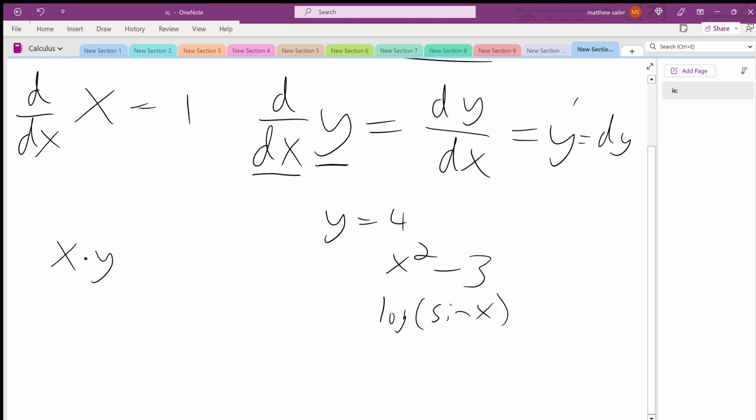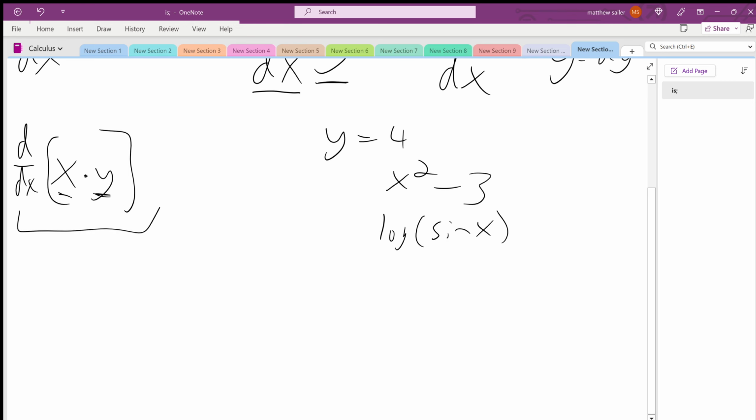In this case, if we take the derivative of that entire thing, of x times y, you have to use the product rule, because y in this case is not just a constant. It's not just a 3 that you could take out. It's not a pi or anything. So you have to take the derivative of both the first and the second parts.